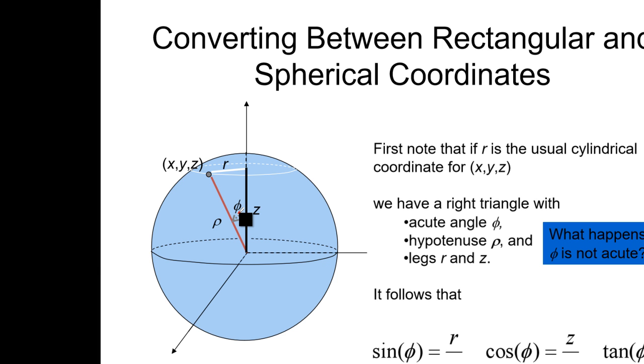If phi is not acute, that is, if it is more than 90 degrees, it will be in the southern hemisphere, or below this.